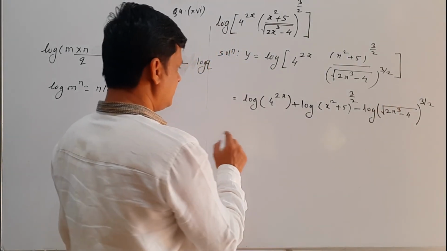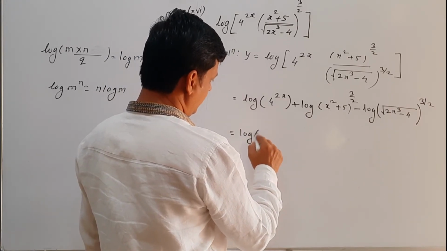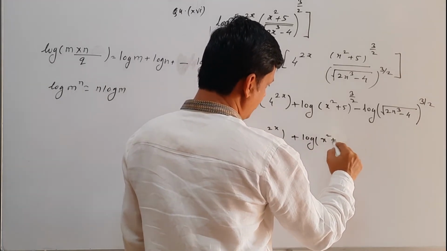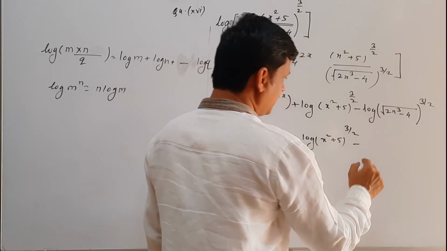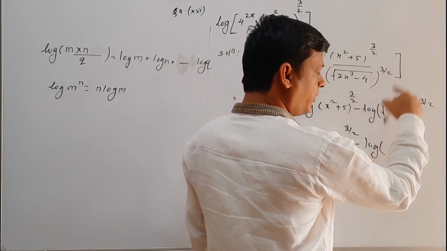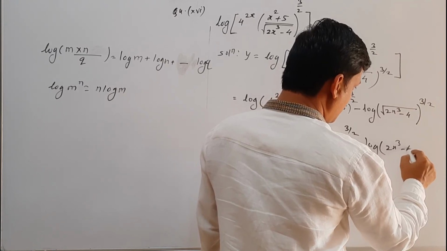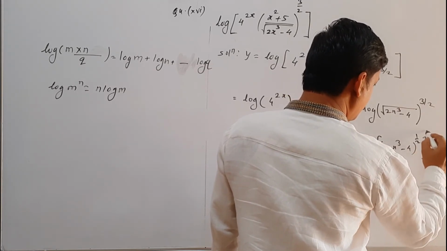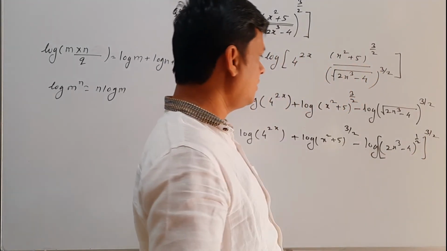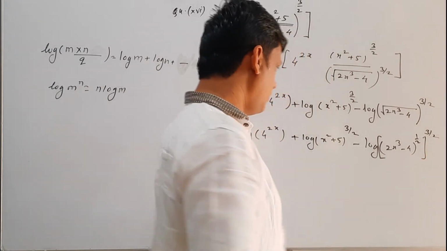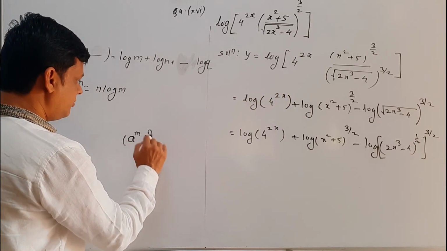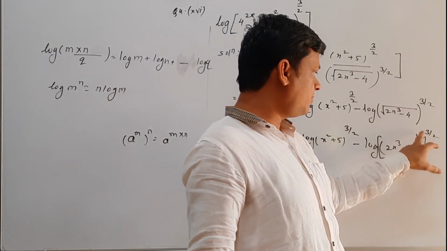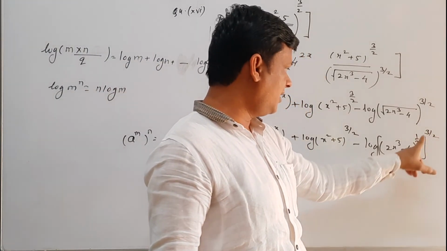So when we remove the root, we write 2x cube minus 4 raised to the power 1 by 2, bracket raised to the power 3 by 2 as it is. When a raised to the power m, bracket raised to the power n is given, we write it as a raised to the power m into n.